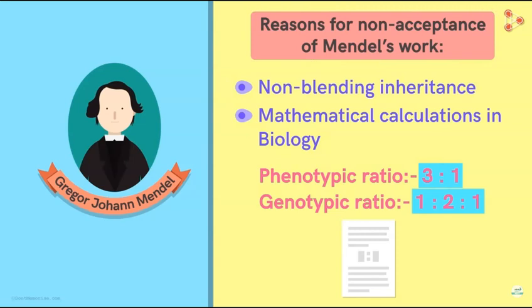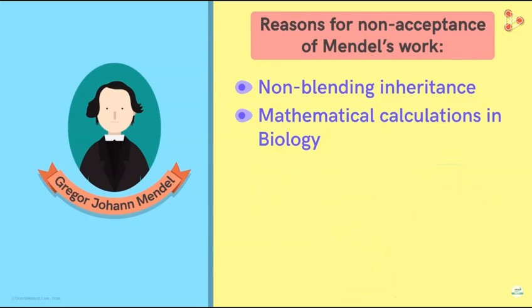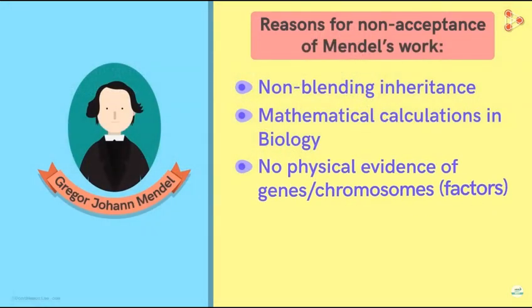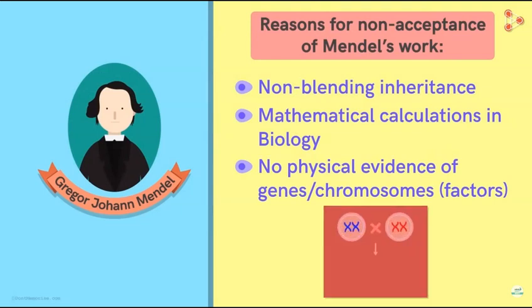Hence, his work was largely ignored. Lastly, when Mendel said that there are factors which are passed from one generation to the other, he had no physical proof of those units. In the sense, there was no evidence of the physical form of the factors that Mendel could present.